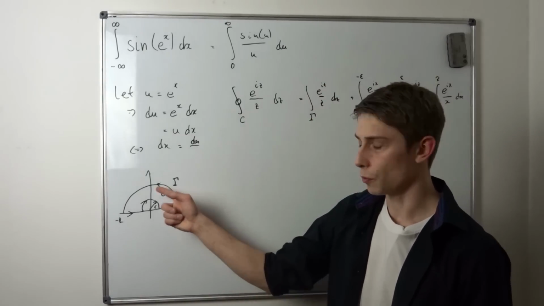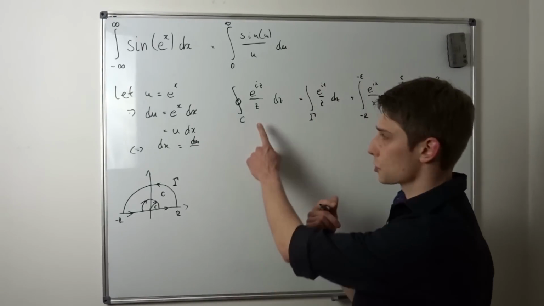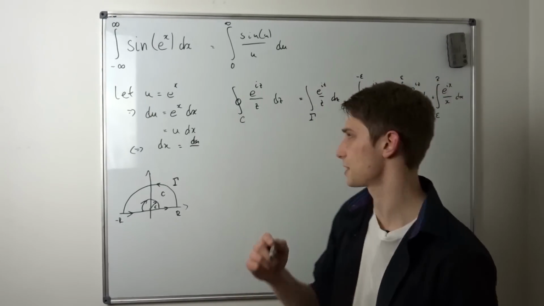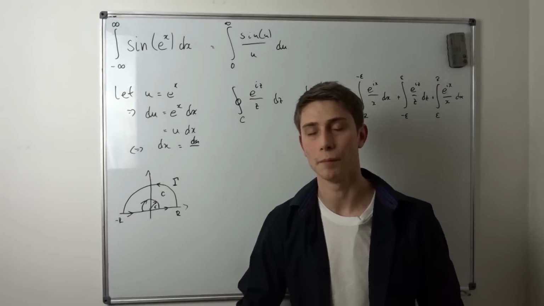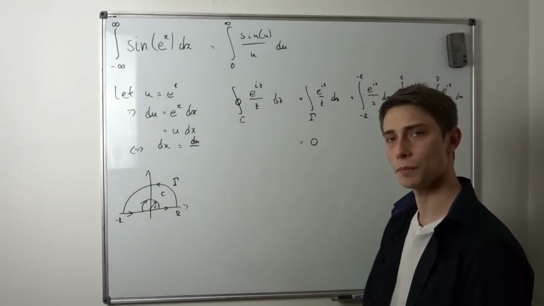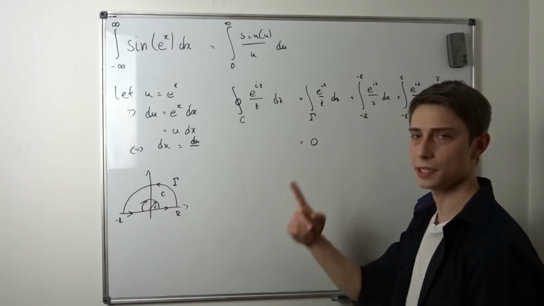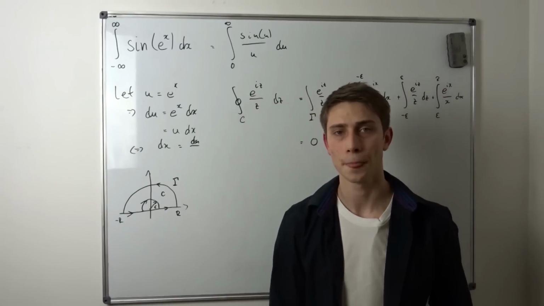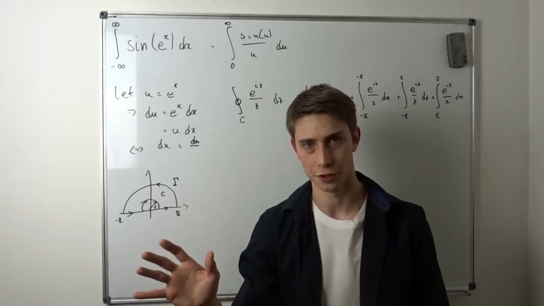And when a function is analytical on a closed contour, the integral over this closed contour is just zero. So this is Cauchy's integral theorem. So that's a great one. You should remember it. So this contour is analytical, so this whole bunch right here is just zero. That's great.